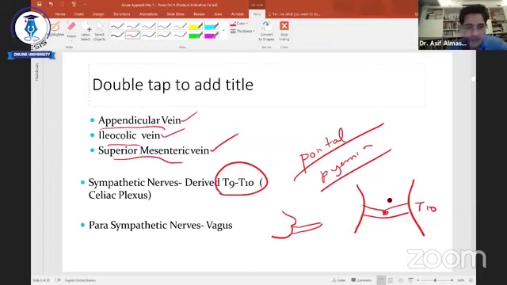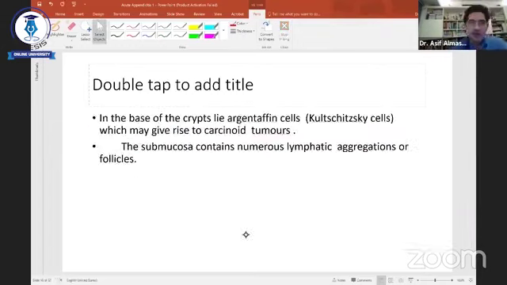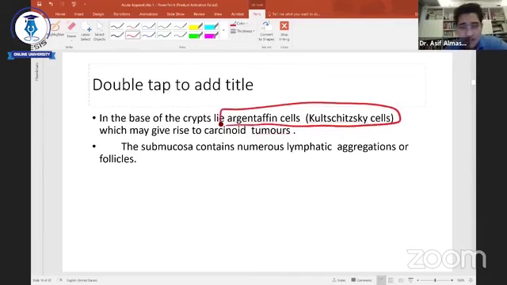The parasympathetic nerve comes from the vagus nerve, we all know that. Now, another thing about histopathology is there are a lot of crypts in the appendix, and within the crypts there are cells called argentaffin cells or Kulchitsky cells. Now, these cells give rise to carcinoid tumors.